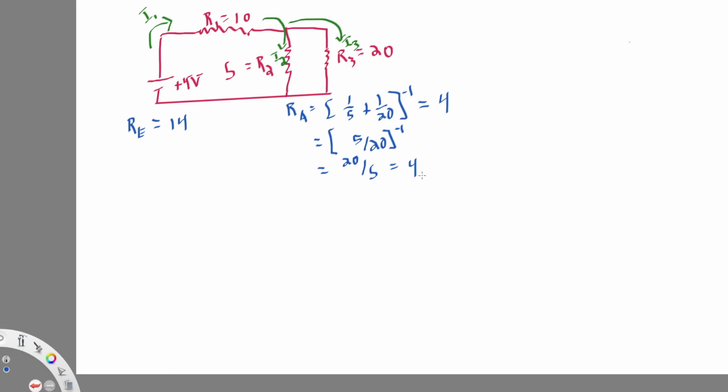All right. And then when you add it to the 10 ohm resistor up here, it gives you a total of 14 for the whole circuit. So that lets us say, well, then the current that's coming out of the battery, right, times the resistance for the whole circuit has got to be equal to the voltage for the whole circuit. So we have 14 I1 equals 4.